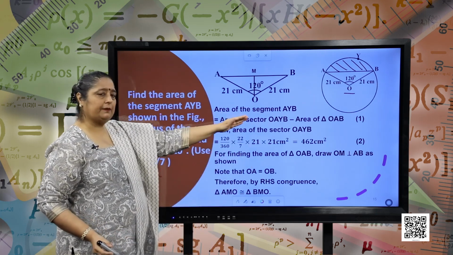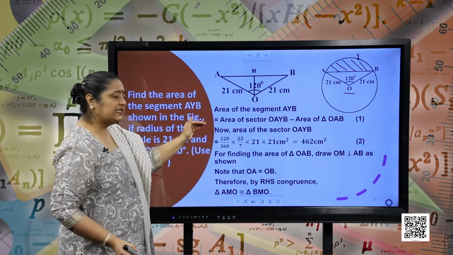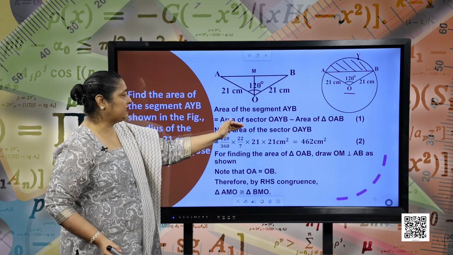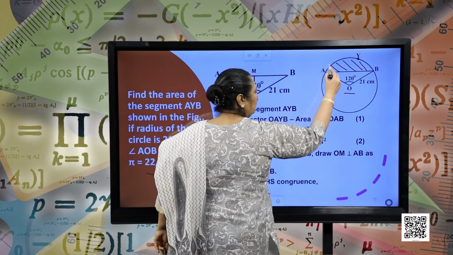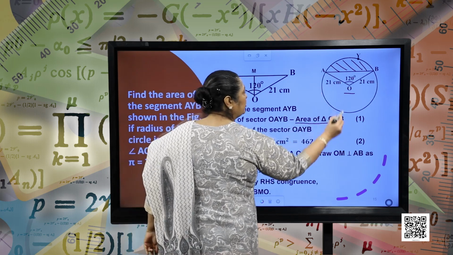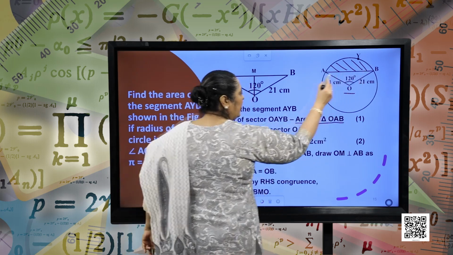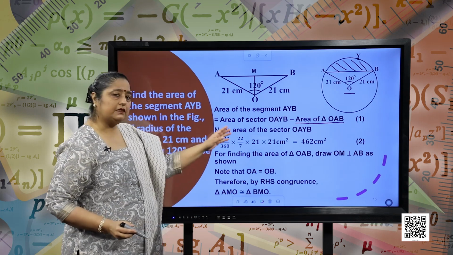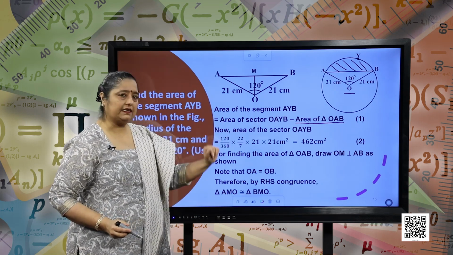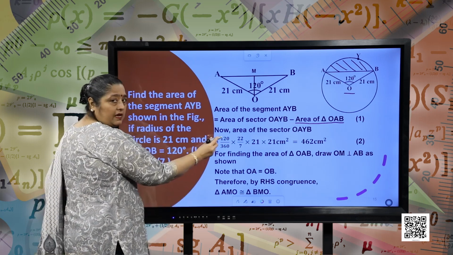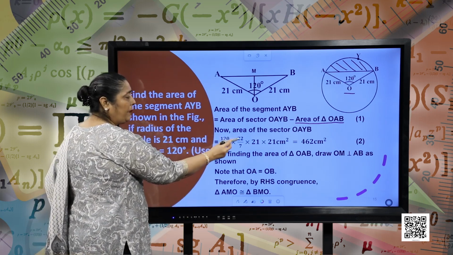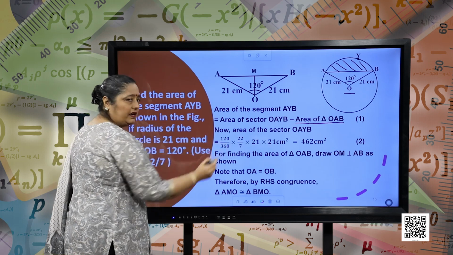So, the area of the segment AYB is given as the area of the sector AOYB, this complete sector, minus the area of the triangle AOB. Now, let us first find the area of the sector. We have already done that. The formula is theta by 360 into pi into r into r.